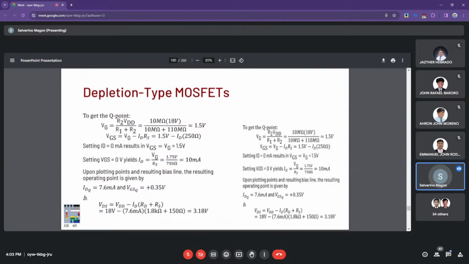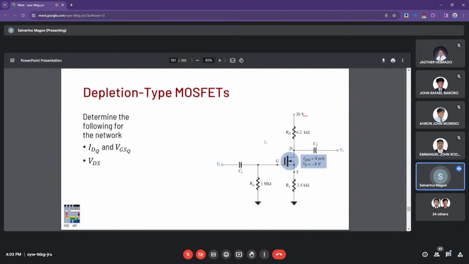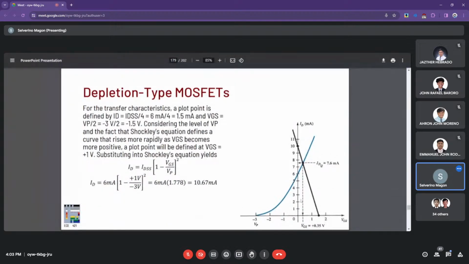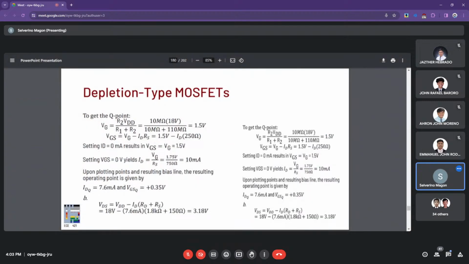Okay, similarly, to get the Q point value setting, do we have the graph here? Oh, no more graphs. For the drain current at 0, we have VGS at, excuse me, VG at 1.5.